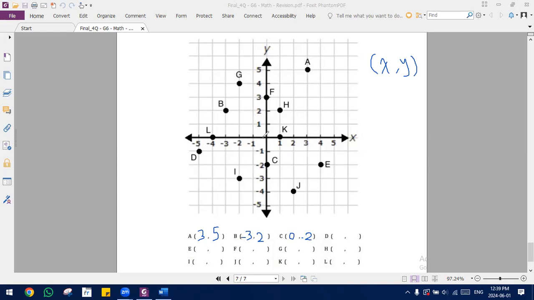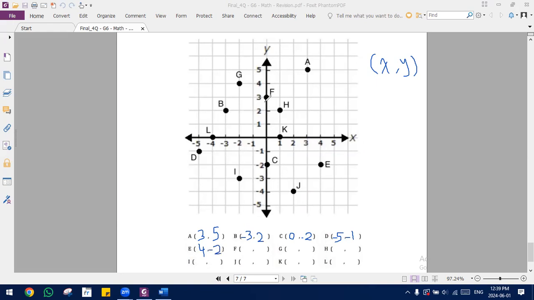Now the point D, the x value is minus 5. The y value is minus 1. E, where is it? It's here. The x value is 4. The y value is minus 2.